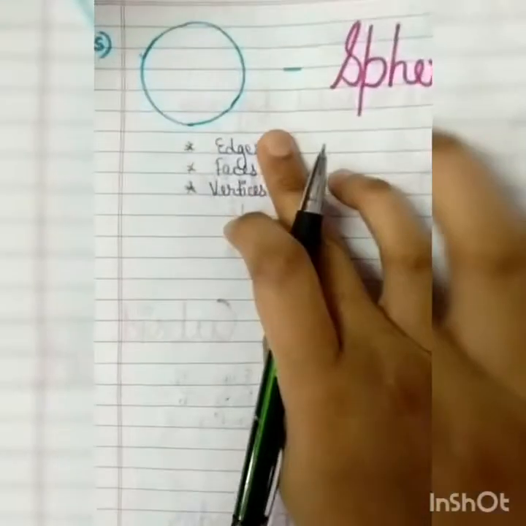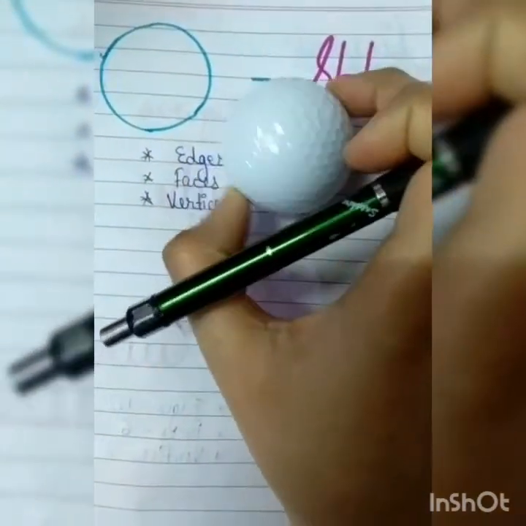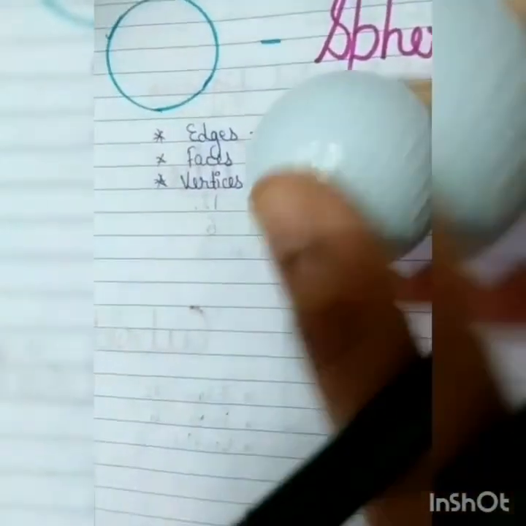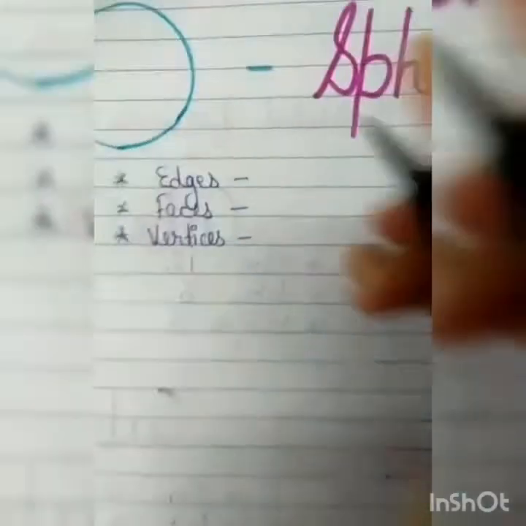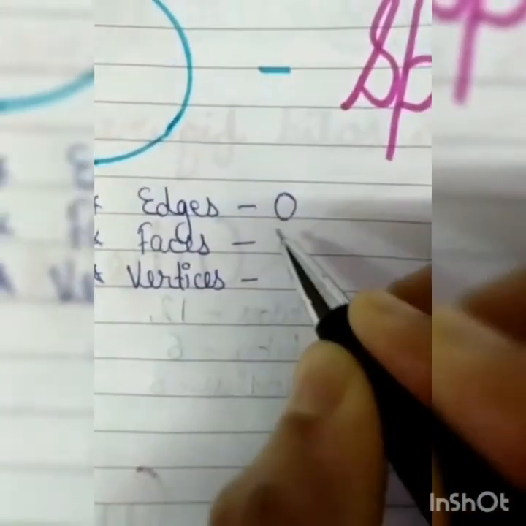Okay. Next is sphere. Yes, I will show you the object. This. Yes, similar or not? Similar, right? Okay. So how many edges does sphere have? No edges, students. So sphere has 0 edges.